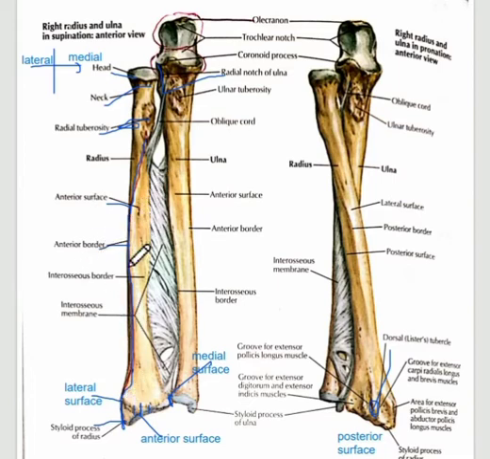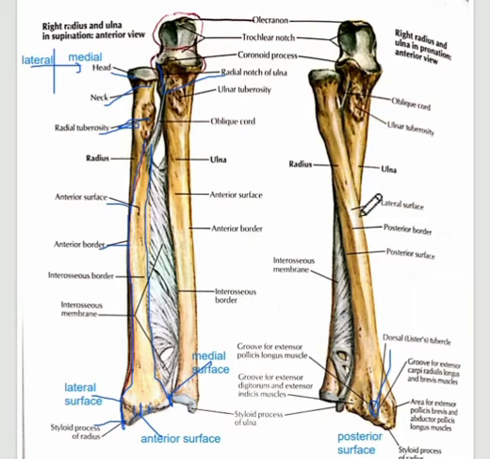Its second border is the medial border, which is also called the interosseous border because it is attached to the interosseous membrane. This medial border starts from the medial end of the radial tuberosity, then moves downward, and at the end it becomes continuous with the posterior surface of the ulnar notch of radius.